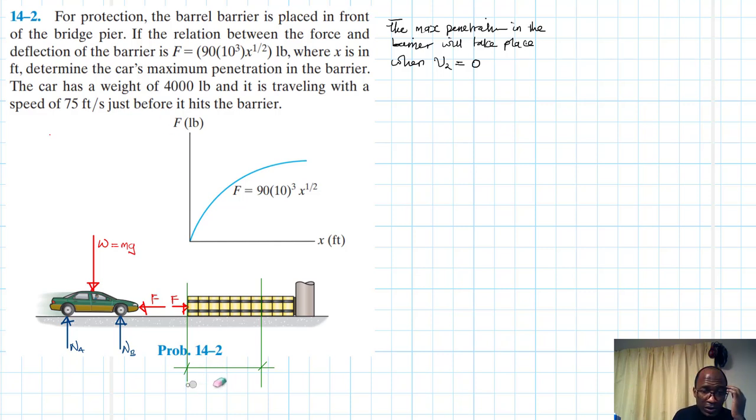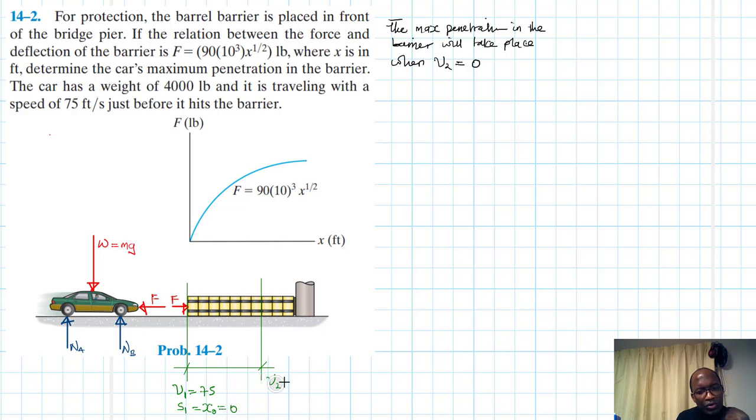So let's write down this information here. We have V1, which is equal to 75 feet per second, and we have S1, which is equal to S0, and at this point it is equal to 0.